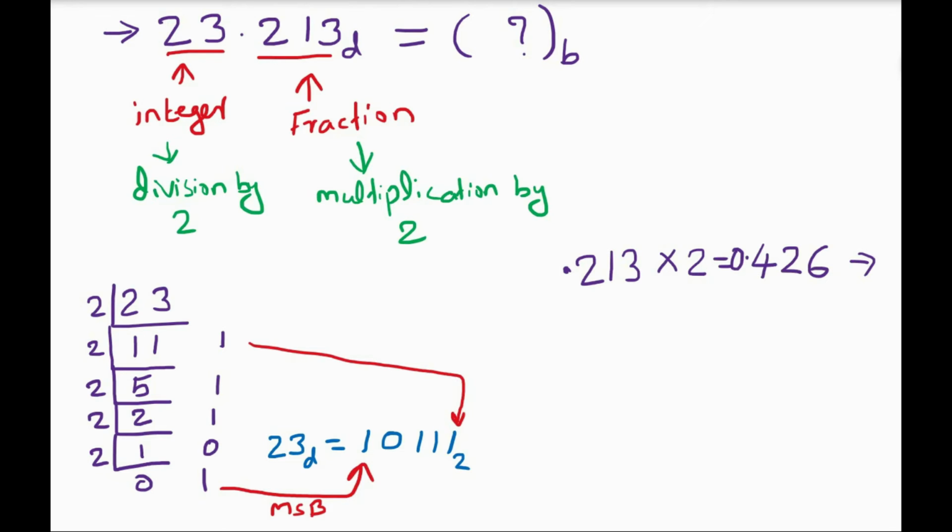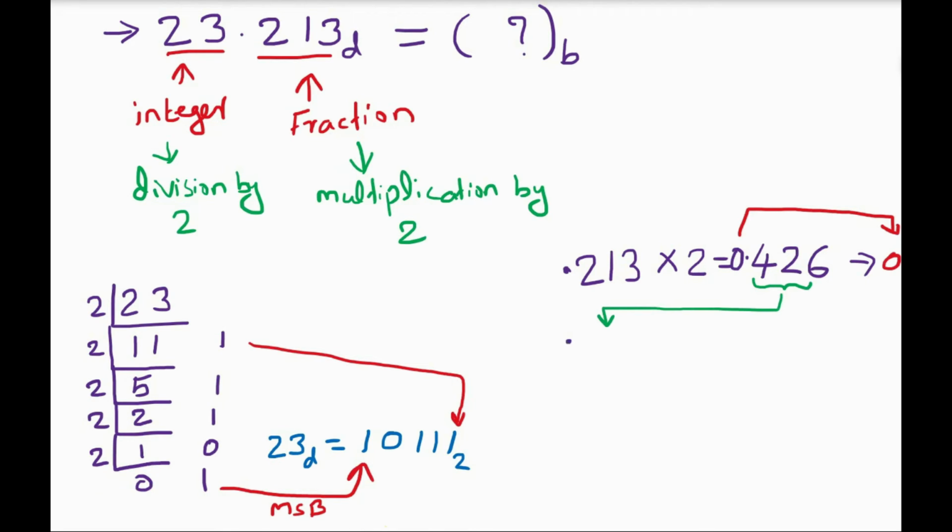Here we have to take the integer part. What we are getting in the integer part we want to take. Here it is 0. So we have to write it separately. Now again, take this fractional part and multiply it by 2.